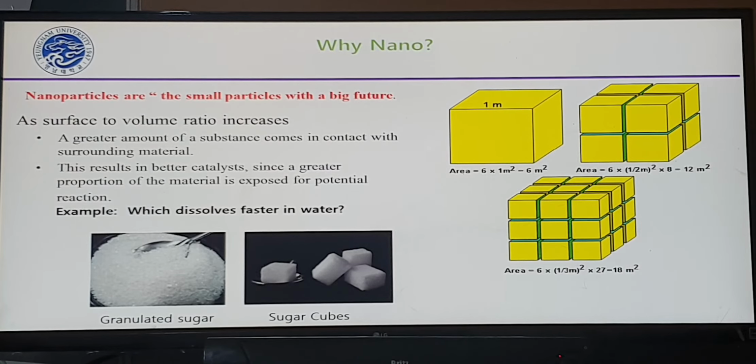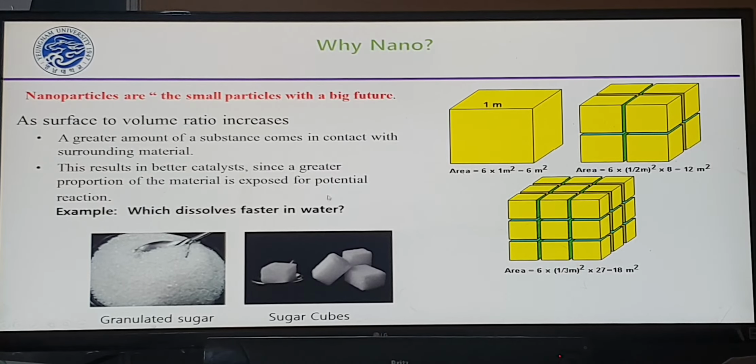As the surface to volume ratio increases, a greater amount of substance comes in contact with surrounding material. This results in better catalysts, since a greater proportion of the material is exposed for potential reaction. Example: which dissolves faster in water?